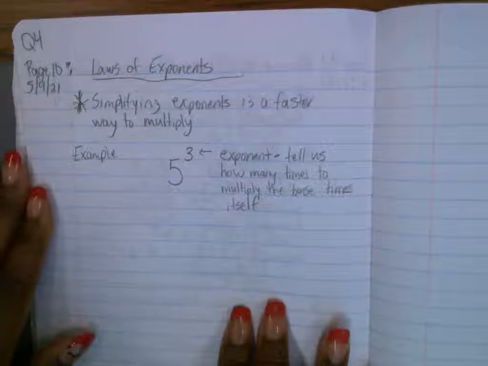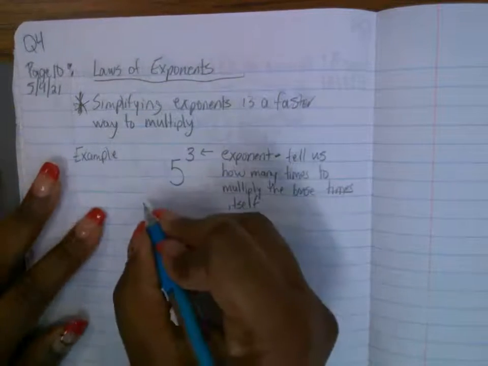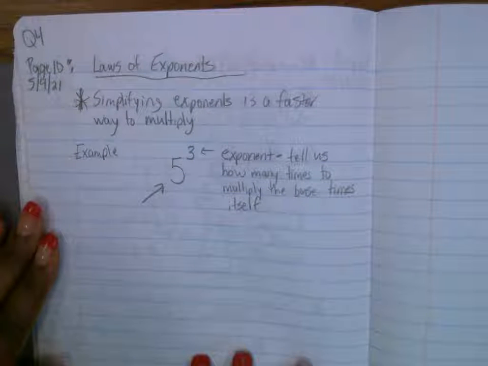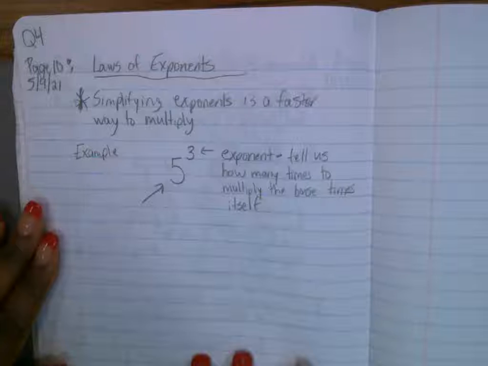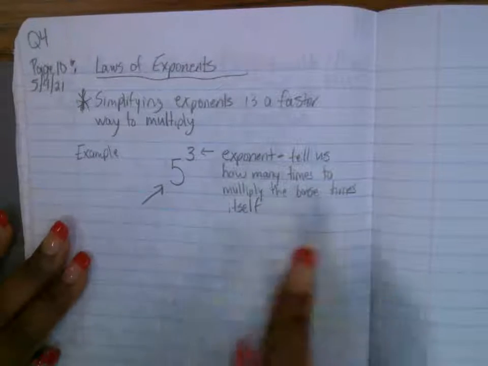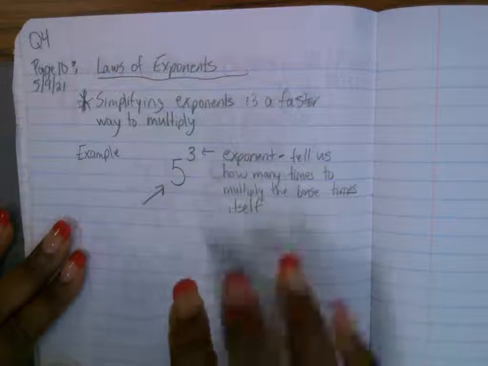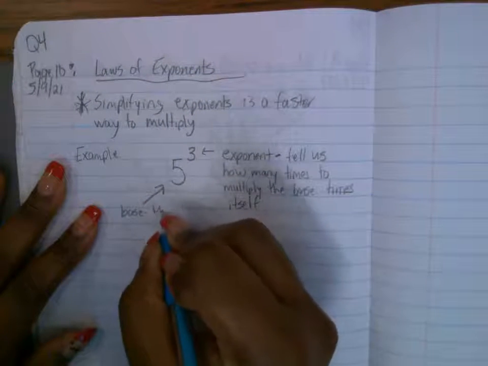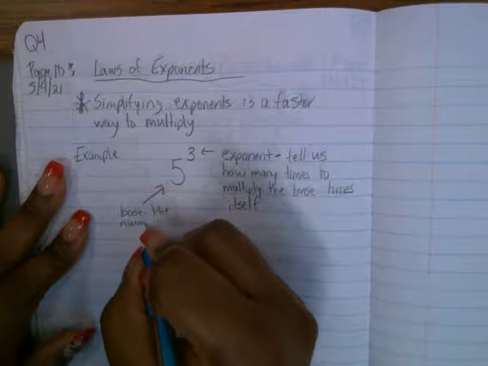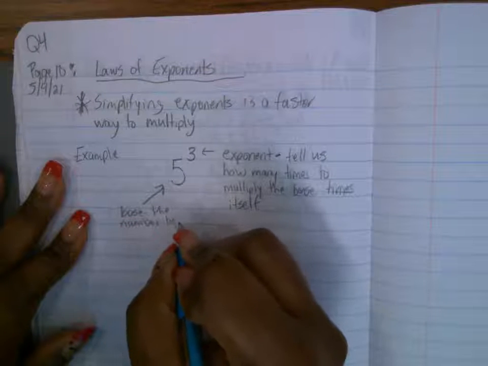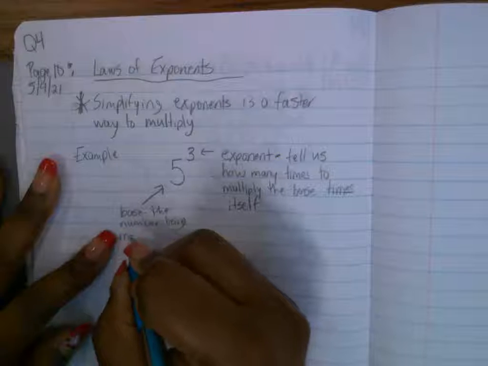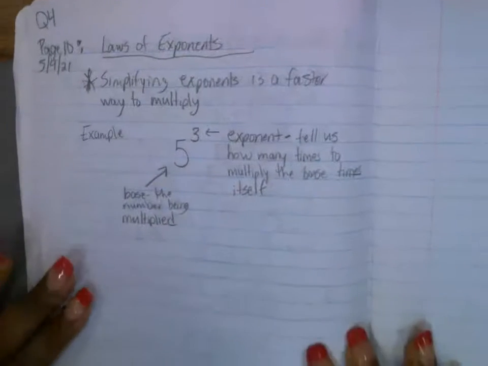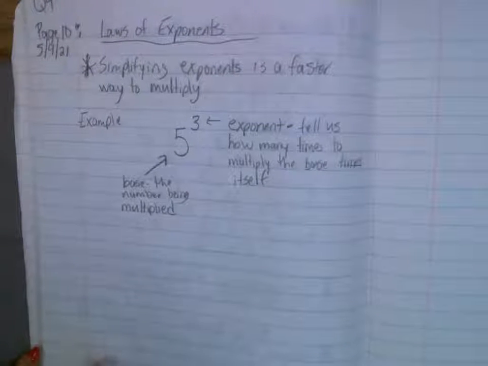The base, on the other hand, is this big number. The base is the number that's being multiplied in this base exponent relationship. Base is the number being multiplied.